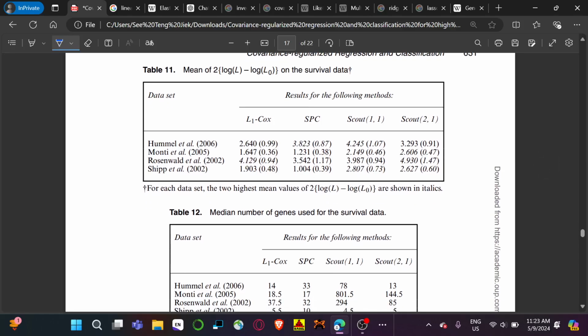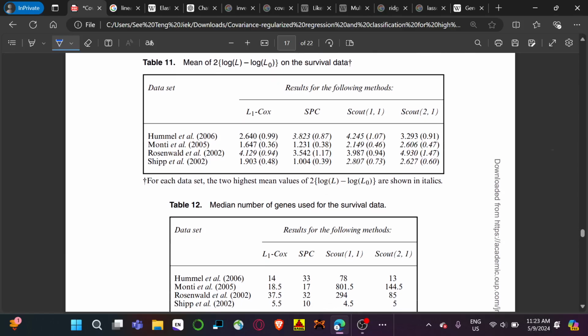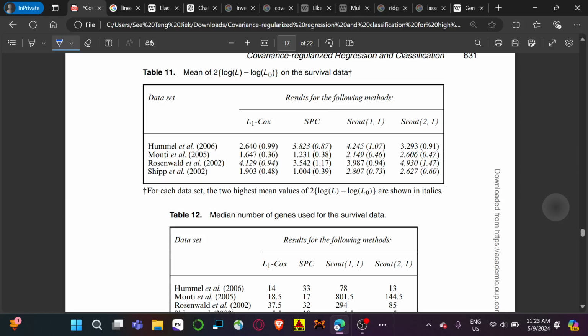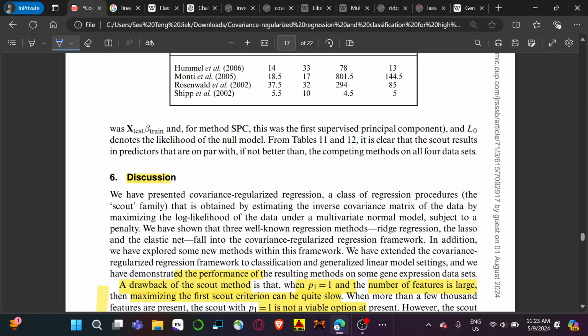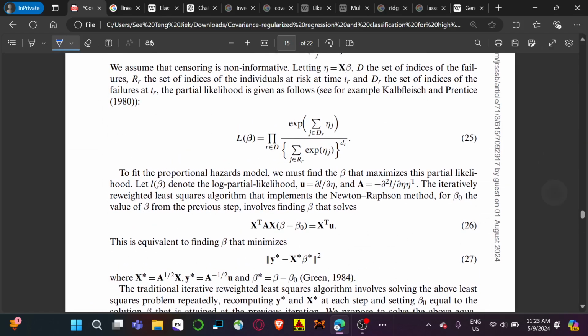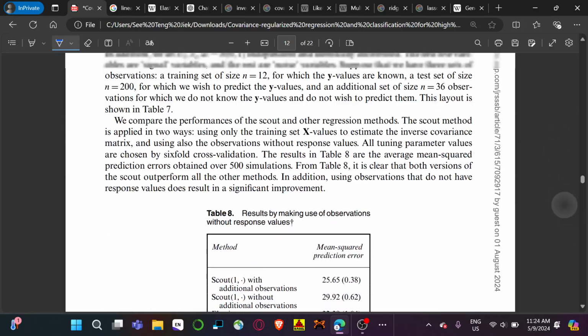Lymphoma, another biology data set. But let's go through it. So the results basically say that the Scout approach is better, right?